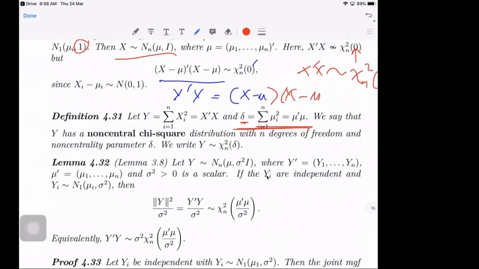So let y be this one. Your x is not necessarily standard normal, and you have mu prime mu to be delta.